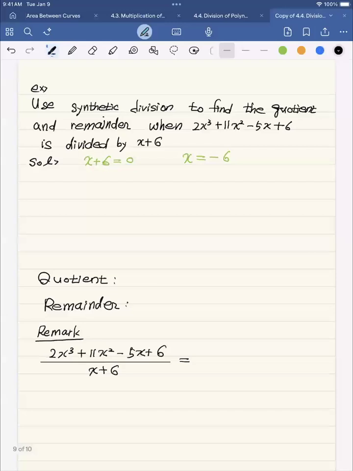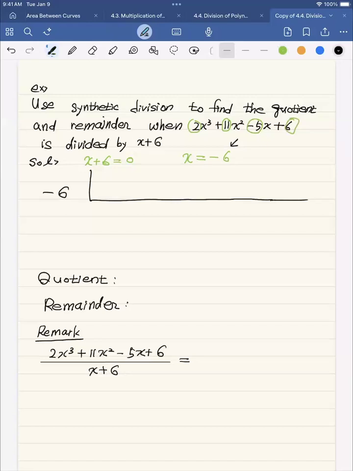And then draw the long vertical line and longer horizontal line and organize things in an orderly manner. This is related to the divisor, so we will locate that on the left side, and then we will consider the coefficients.